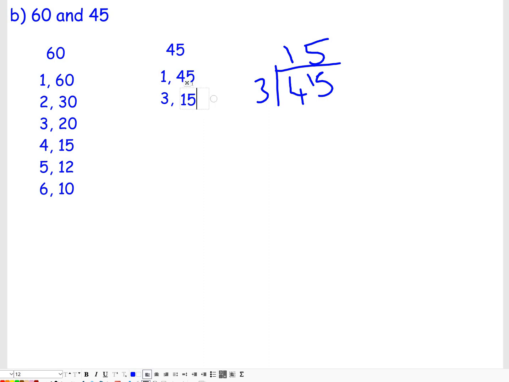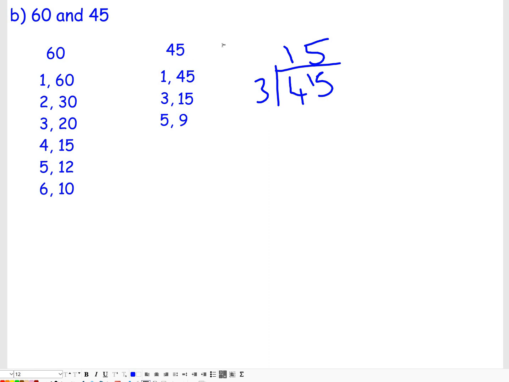Next, does 4 go in? Well, if 2 doesn't go in, 4 is not going to be able to divide in. And then 5, well, yes, we can see the value ends in a 5, or has a unit digit of a 5, so we know it can be divided by 5. How many 5s are in 45? Well, there are 9. Does 6 go in? No, we can't divide 45 by 6.